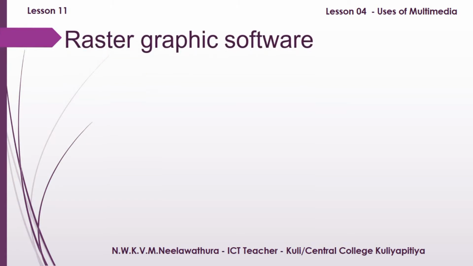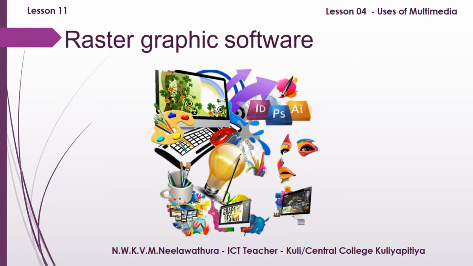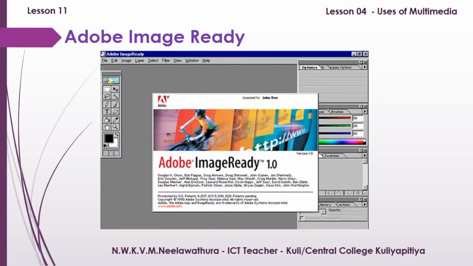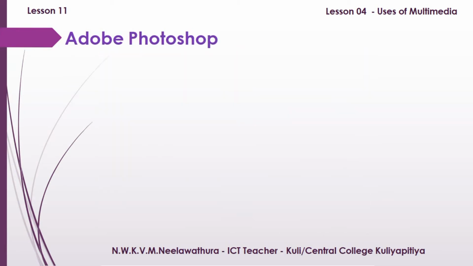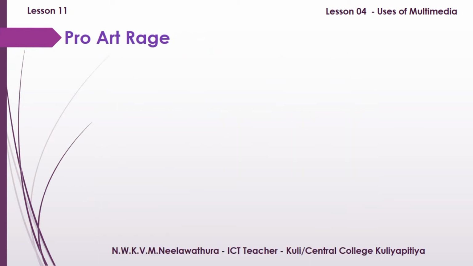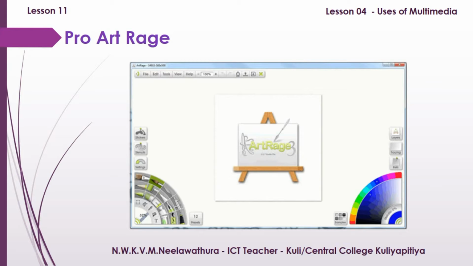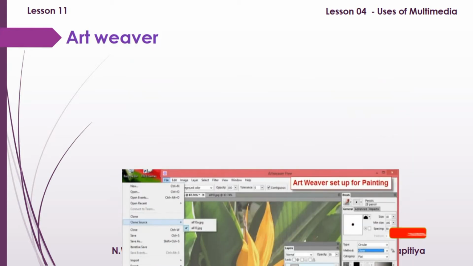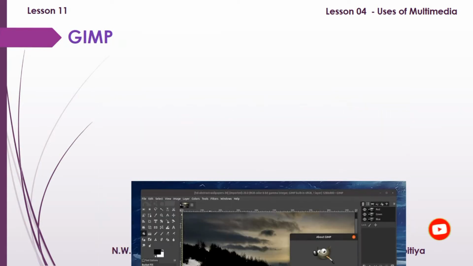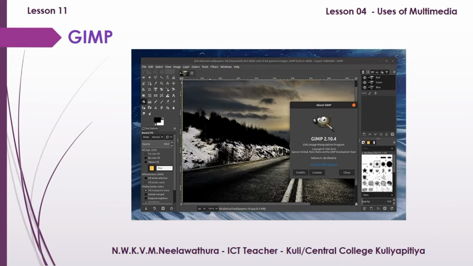Now we learn about what are the examples for raster graphic software. Adobe Image Ready, Adobe Photoshop, Pro Art Rage, Art Weaver, Corel Photo Paint, GIMP. I hope to teach you about GIMP software in near future.